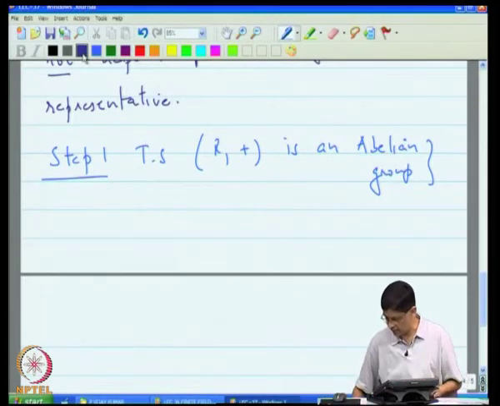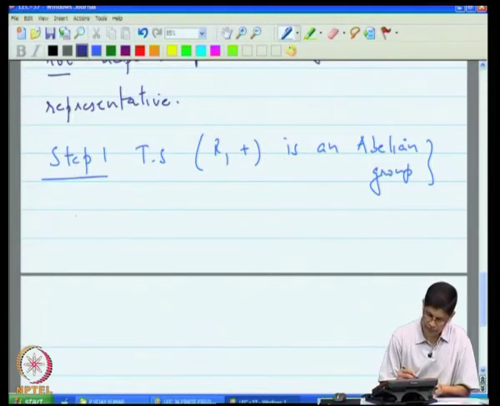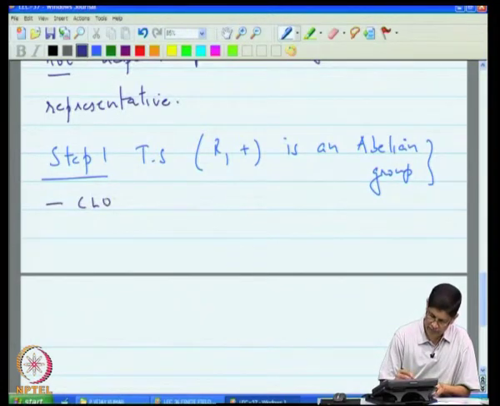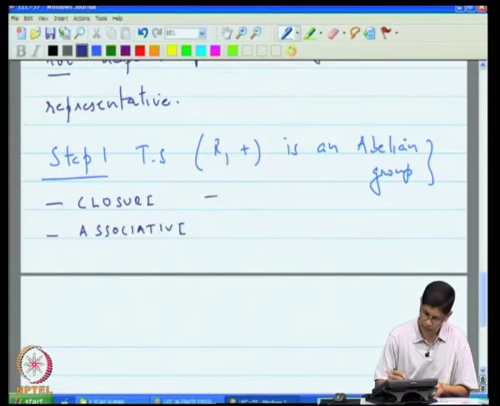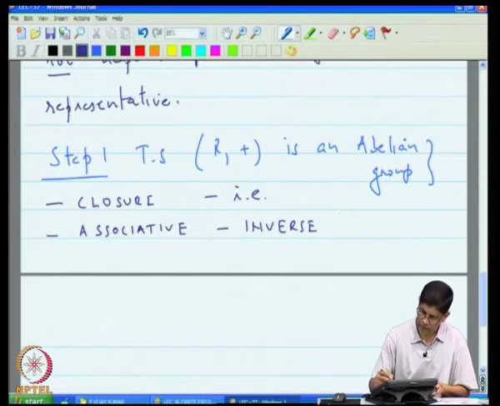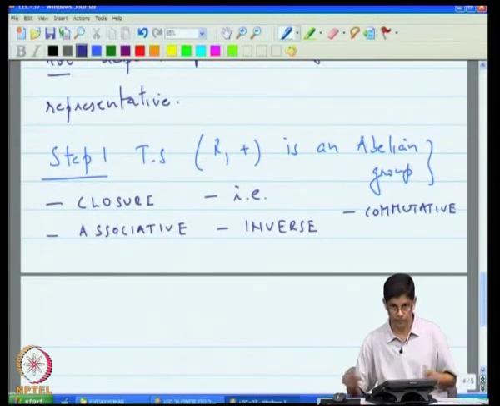Now, to show that something is an abelian group, you need to verify the corresponding axioms. So, you have to check the axioms of closure, of associativity, of the presence of the identity element, the presence of the inverse, and the commutative axiom all hold.